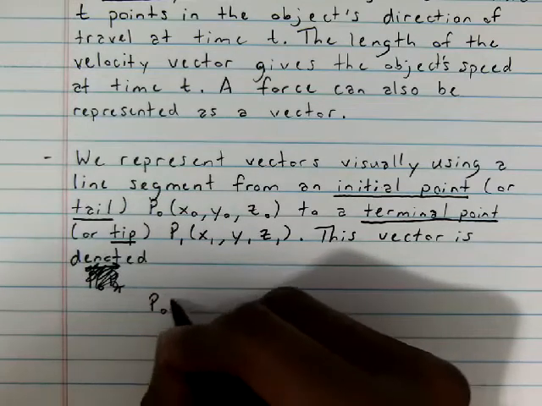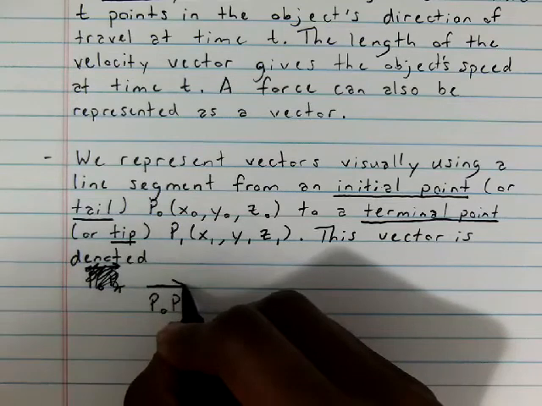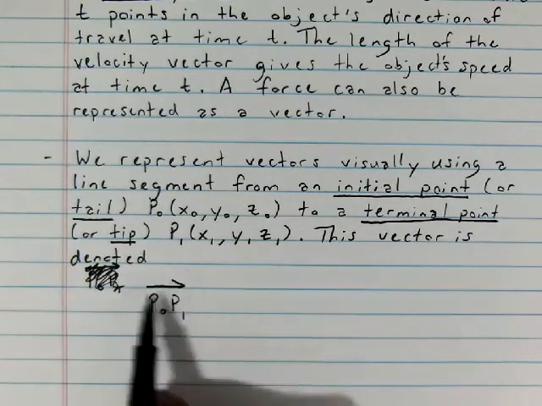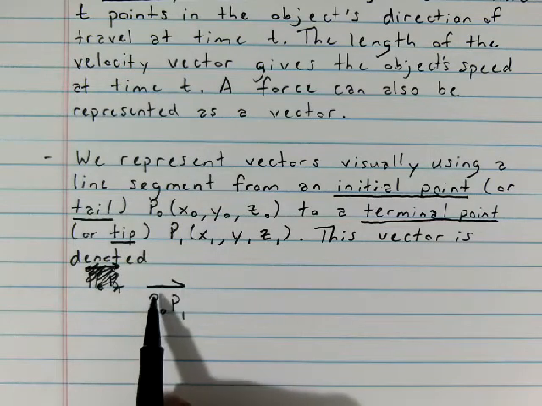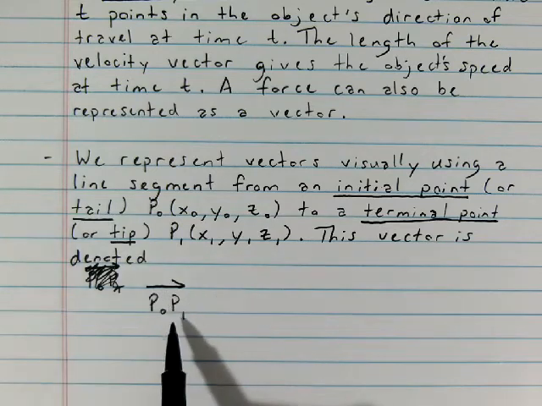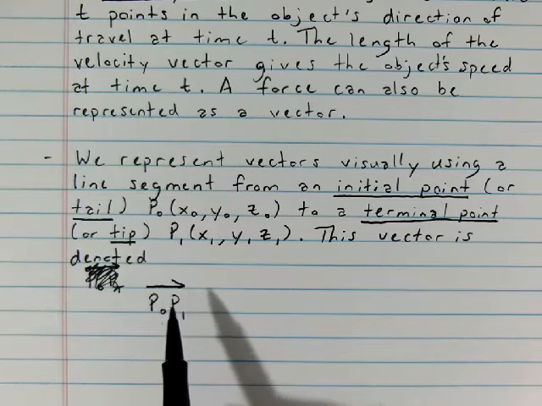So P0 to P1, and we put a little arrow up above it. So that is a vector hat. Now, you're not going to see this in your textbook, and I'll talk about a little bit later how your textbook denotes a vector. Your textbook uses boldface, but I can't write in boldface. So when we write, we're going to use an arrow to denote that something's a vector.